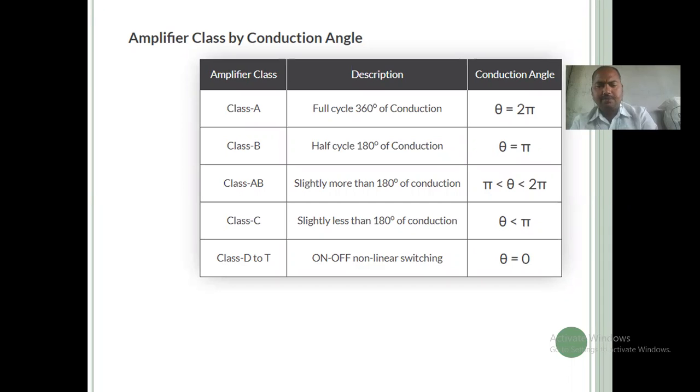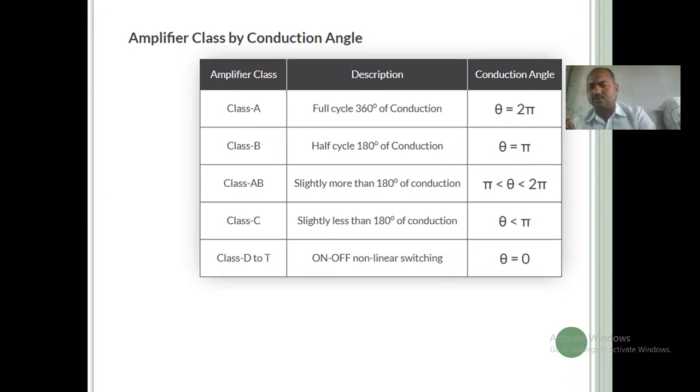Class D to T type of amplifier is particularly a digital type of amplifier. Digital type of amplifier indicates that in digital, we know that only two words will come, that is 1 and 0. Okay, 1 and 0 are the only two things in digital. So in the case of the class D to T type of amplifier, the signal applied across the input of the amplifier is your class A type of signal. After that, the signal is divided into small impulses. An impulse is nothing but a small square wave signal.